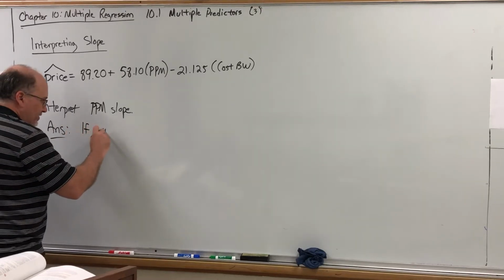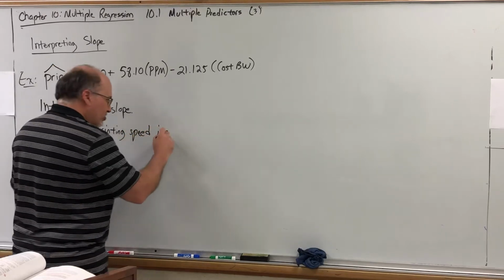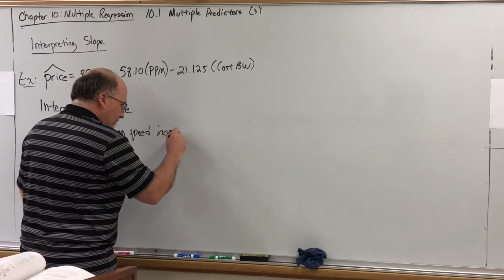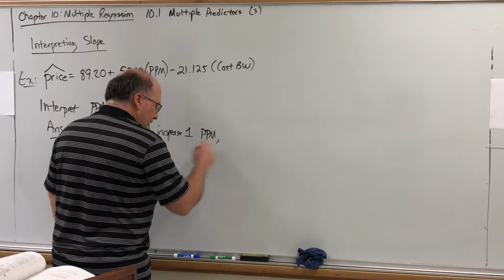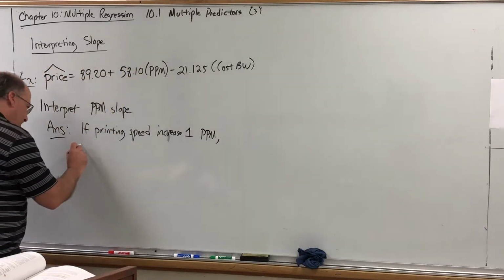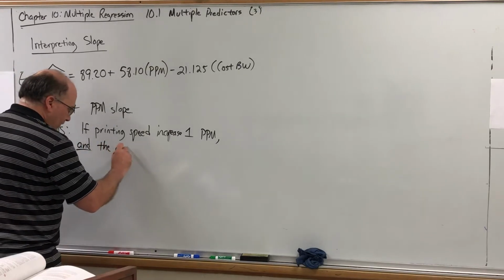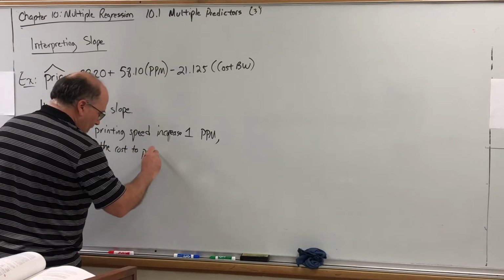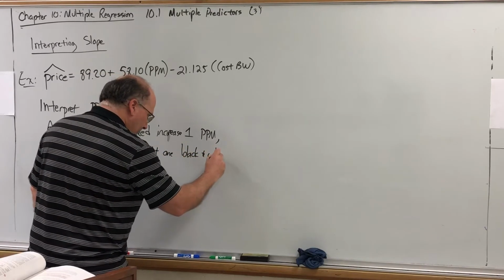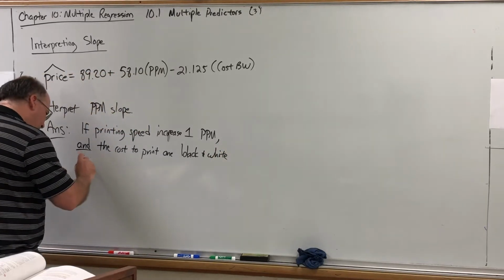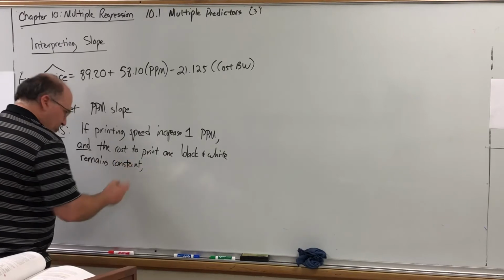If the printing speed, which is what ppm is measuring, increases 1 page per minute, but here comes the change, and the cost to print one black and white page remains constant, and that's the twist.